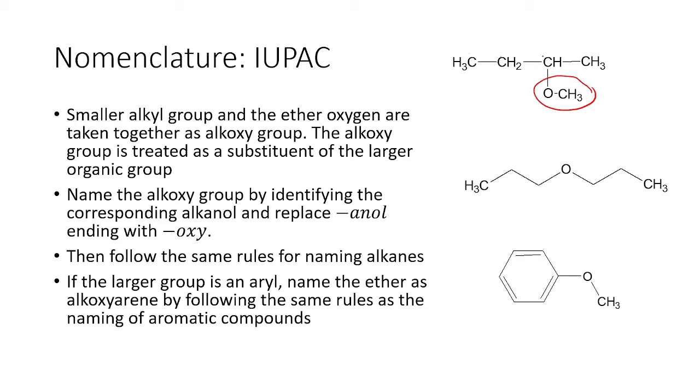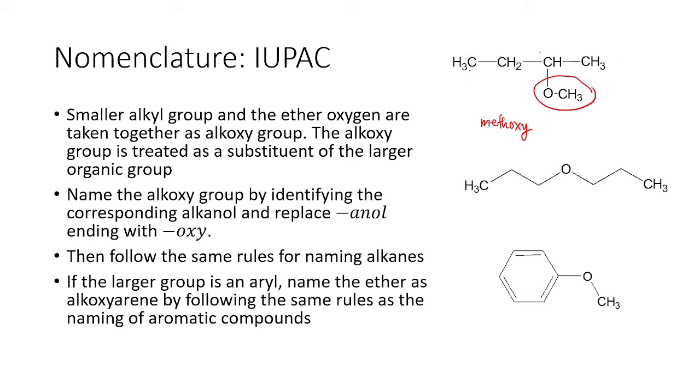Meaning to say, we have this larger organic group, this butane. Then, if you may have remembered, this is actually a methoxide or methanol. So for methanol, we just need to replace anol with oxy, which just means that will be methoxy. Okay? So this group will be named methoxy.